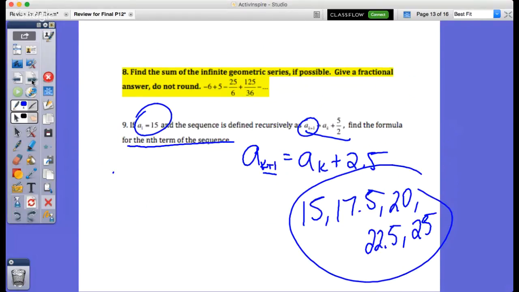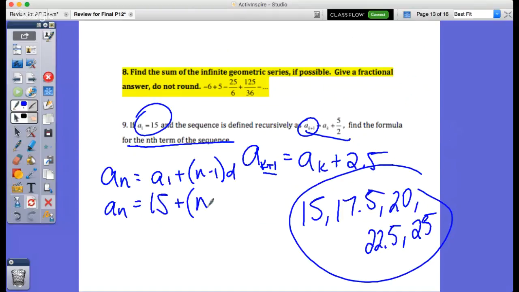So if I'm adding 2.5, am I arithmetic or geometric? Arithmetic, right? So we're literally just going to plug into the equation that's on your formula sheet. So a sub n equals a1 plus n minus 1 times d. And what is a1 here? 15. Good. And what is the d? 2.5. Good.